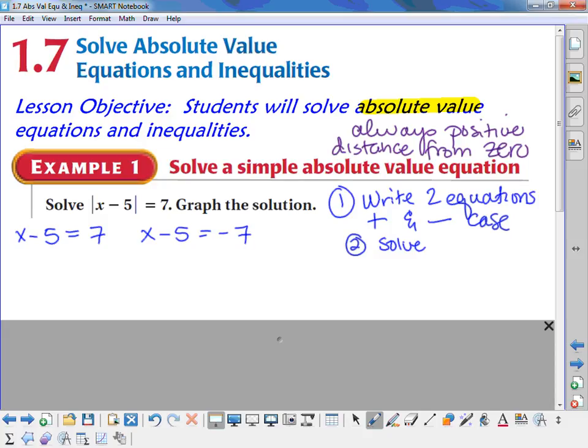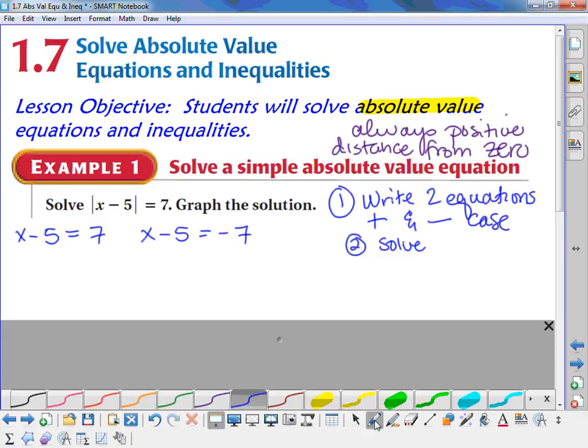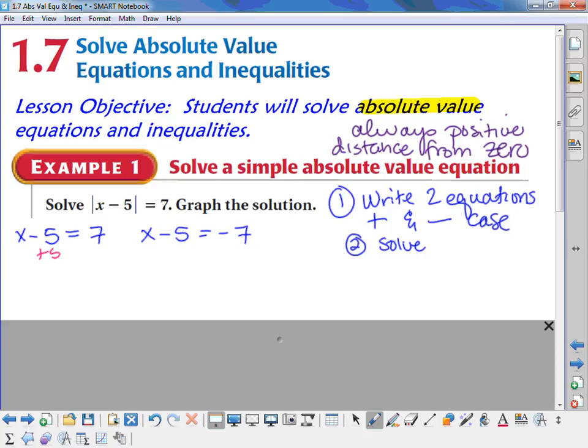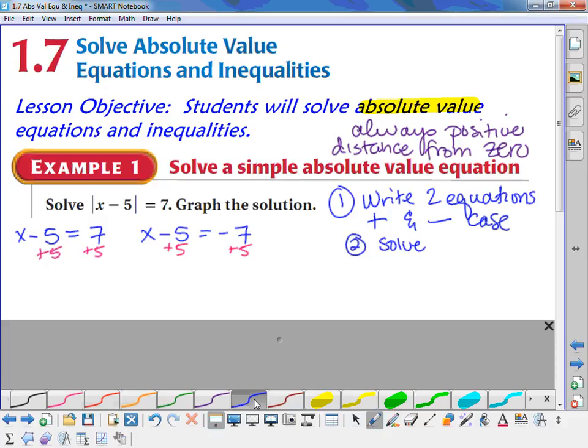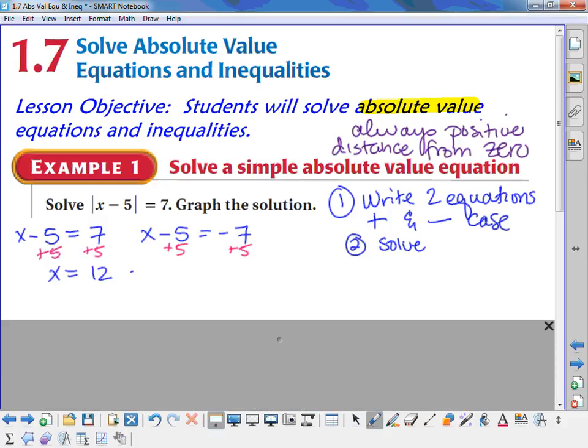And so if I add 5 to both sides in both equations, I get that x is equal to 12, or x is equal to negative 2. Now, generally we don't graph equations when it's just an equal sign. We're going to do that more in inequalities.